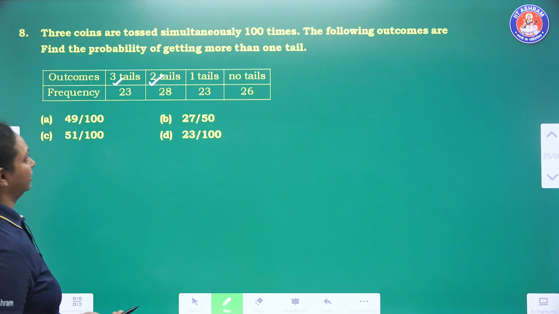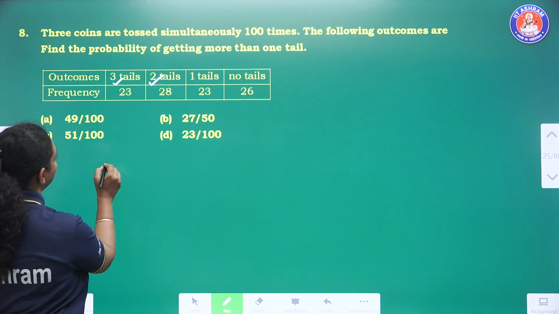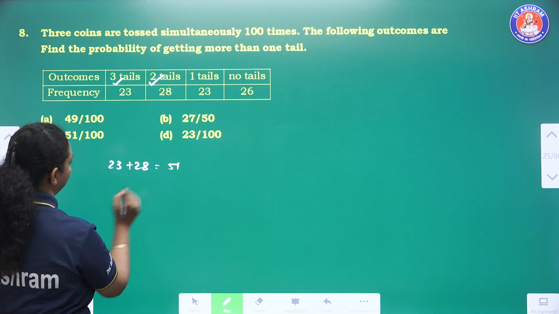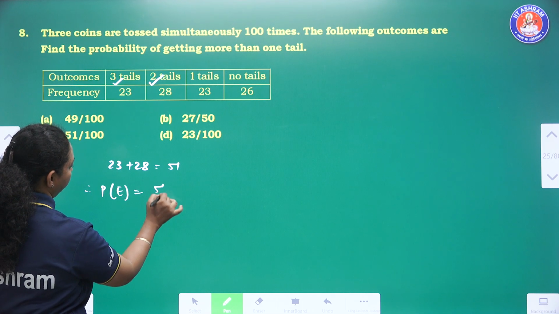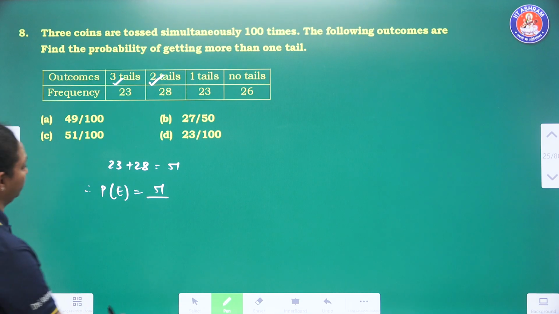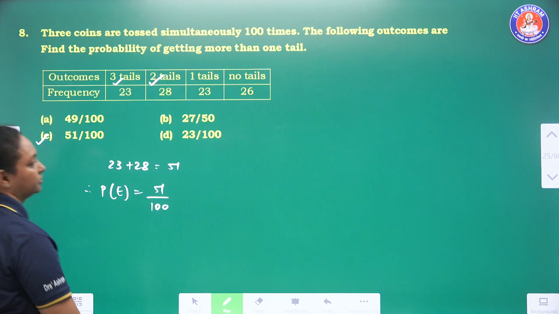So total number of outcomes are 23 plus 28, that is equal to 51. Therefore, probability of the event is equal to 51 upon how many times the coins are tossed? 100 times. So 51 out of 100. So which option is correct? C.